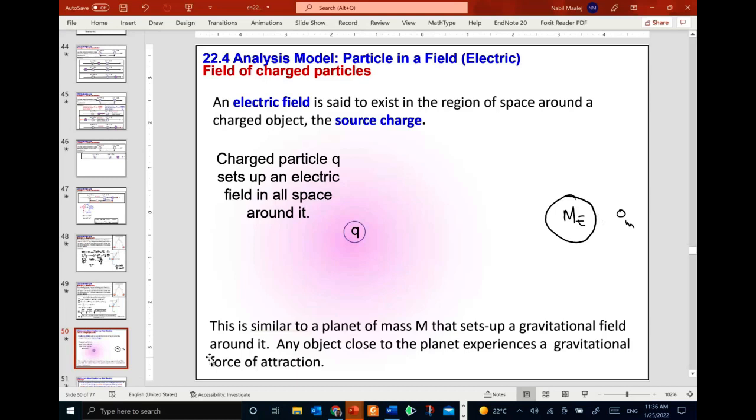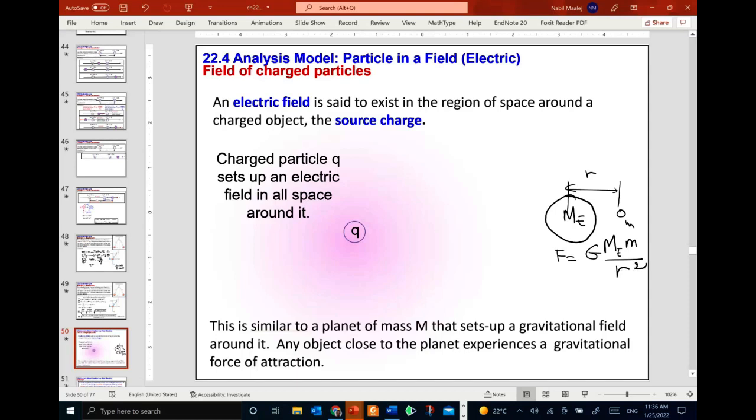Any object in this gravitational field will experience a gravitational force. Remember, we said in the previous lecture that the force of gravitation is the gravitational constant times the mass of the Earth times the mass of the object, in this case the moon, divided by the distance squared, the distance between the moon and the Earth. Let's call it r squared.